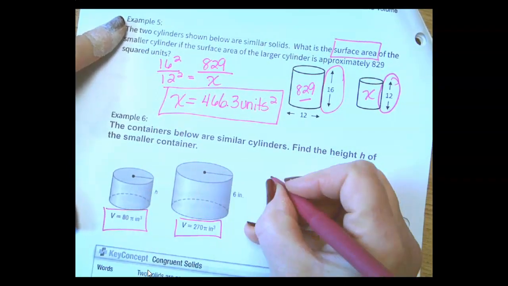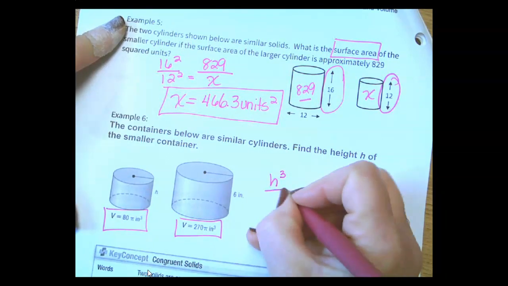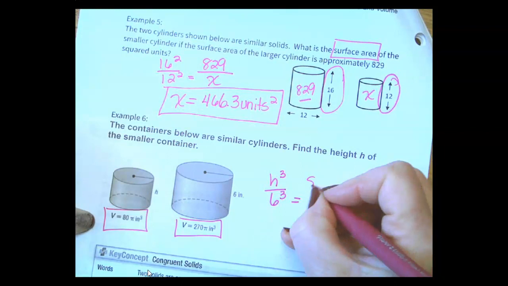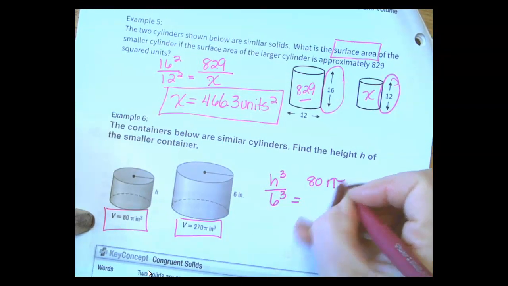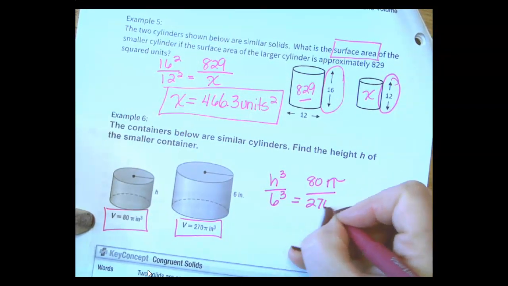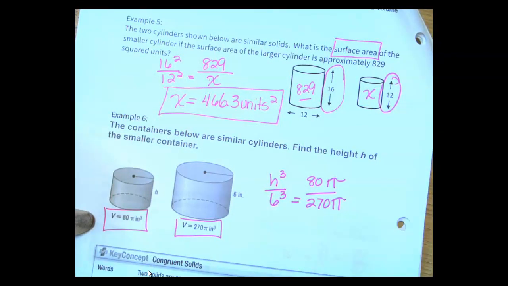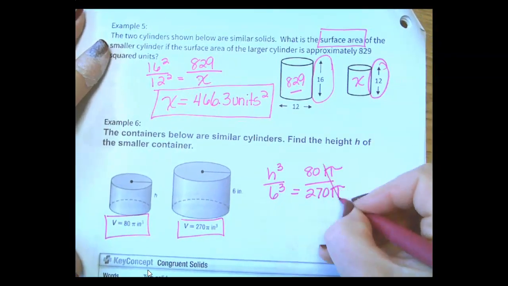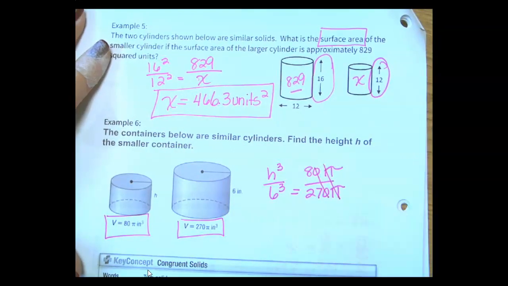We need h cubed over 6 cubed, equals 80 pi over 270 pi. Now before I cross multiply, I can simplify, get rid of this, and get rid of the 0.